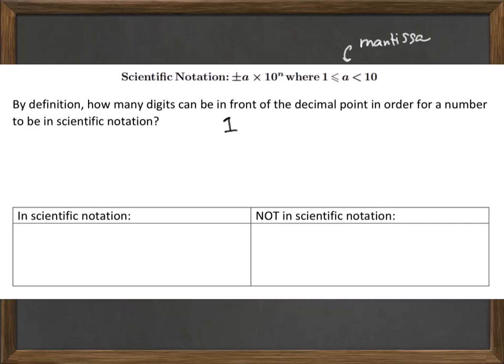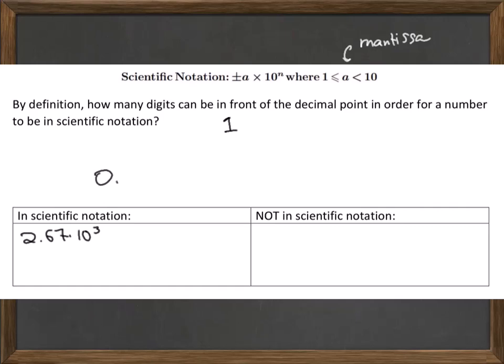Okay, so let's do some examples. If I have 2.67 times 10 to the third power, is that in proper scientific notation? And the answer is yes, because you only have a single digit, which is greater than 1 and also less than 10. So 2.67 times 10 to the third power is an example of something that is in proper scientific notation.